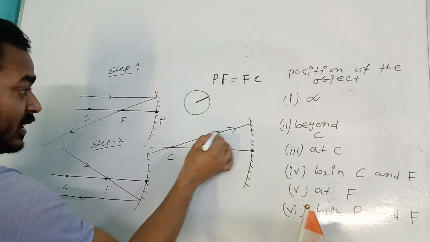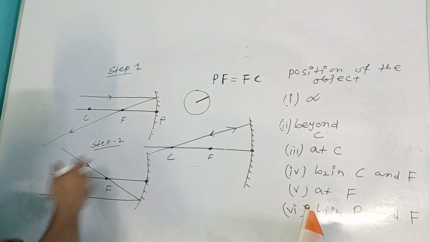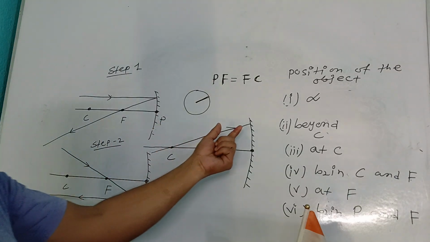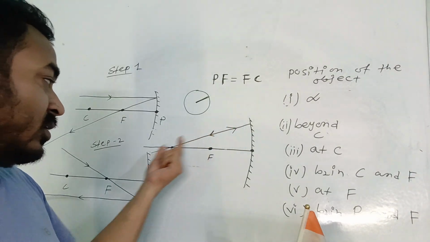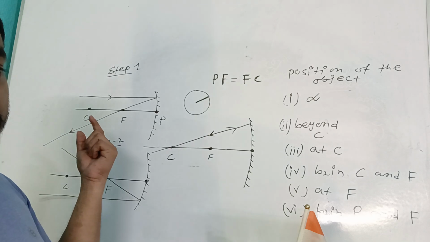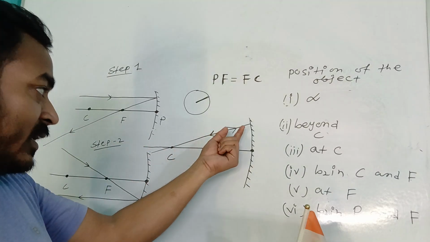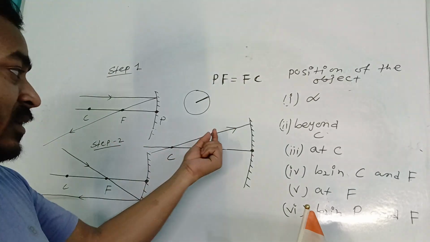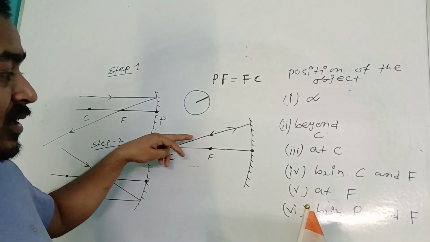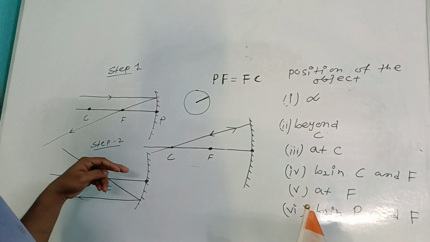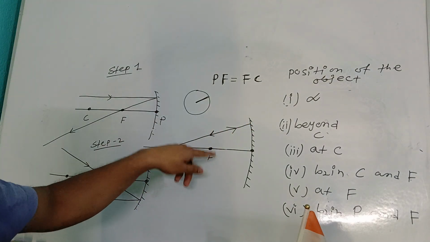This is the incident direction and it will reflect back along the same path. So incident path and reflected path are the same. Clear? Opposite direction: incident direction, reflected direction. So it is the normal incident case.